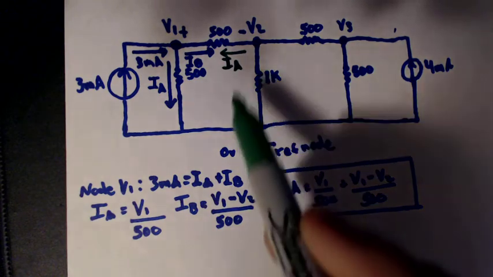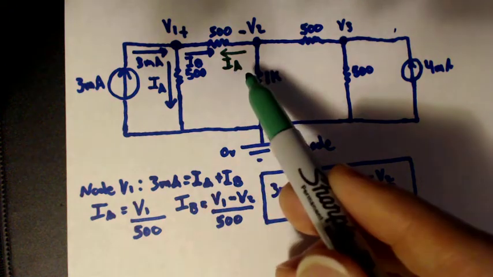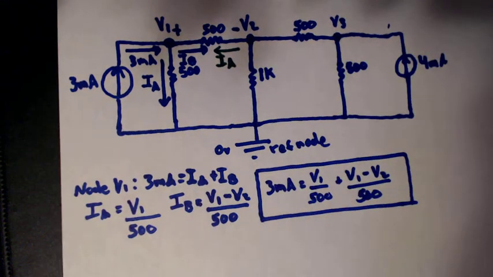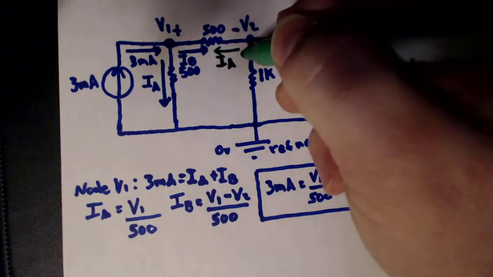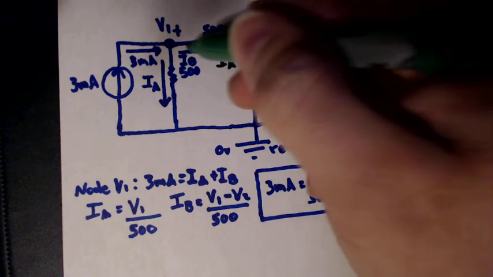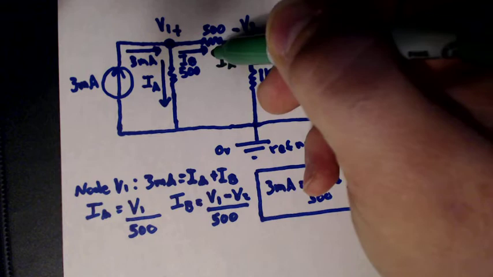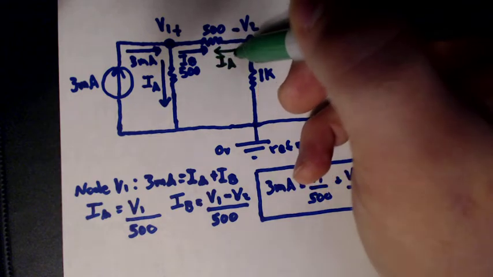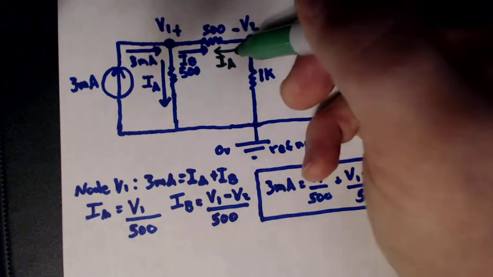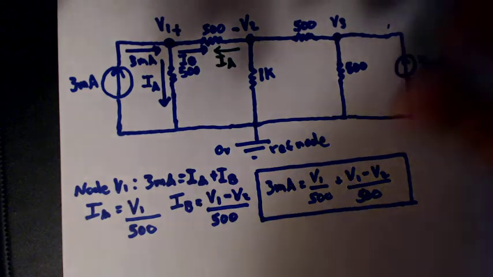So we're really just using this symbol for the sake of deriving our KCL expression. And notice that this IA, I said the current was going to the left, where this current was going to the right when we solved for our first one. So again, it doesn't matter. As long as I'm consistent and I write out my expressions, when I get to the very end where I solve the system of equations, it's not going to make any difference.